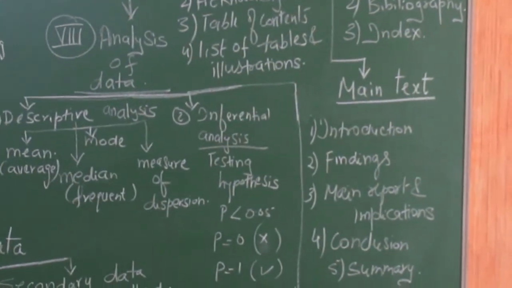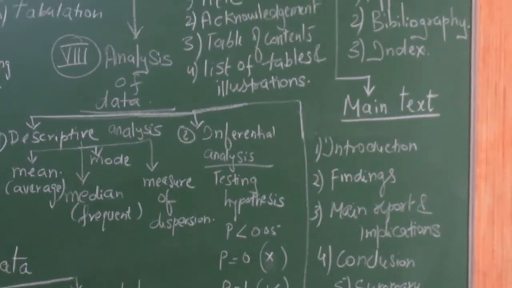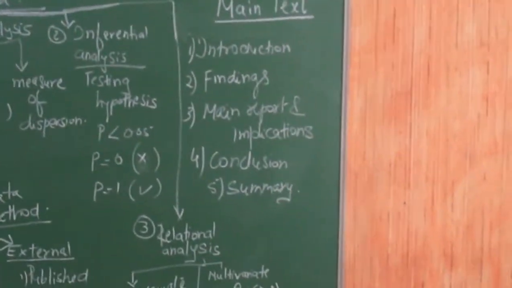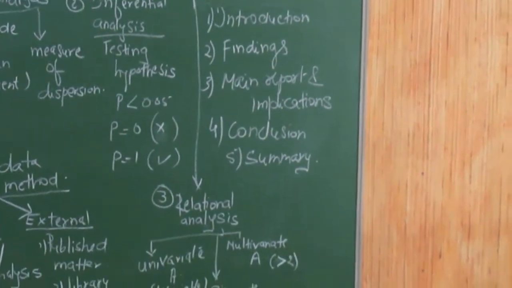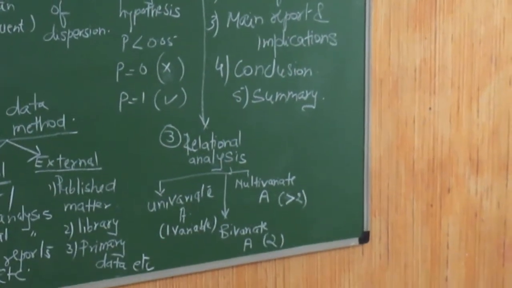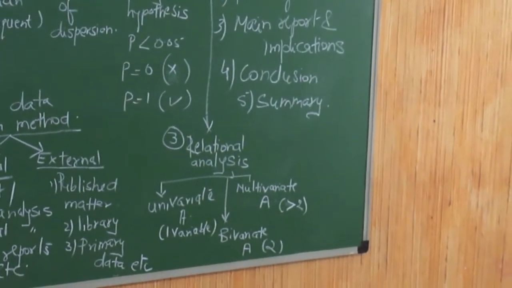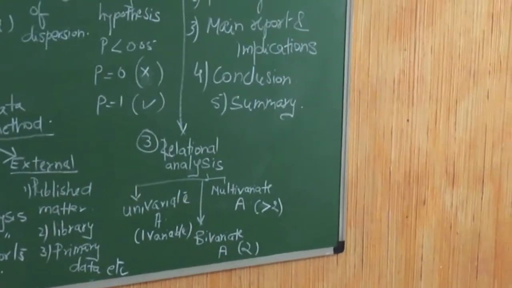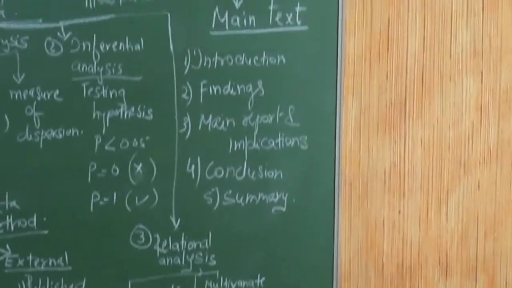Then you go to the main text where you write the introduction, what was your research, what were your findings, what is the main report and implications, what was your conclusion and summary. So briefly you come to the core point of it.